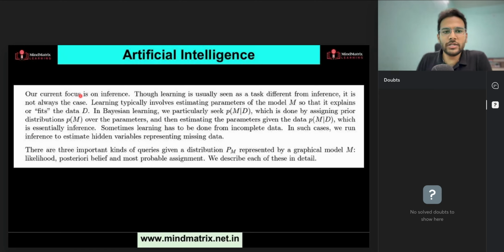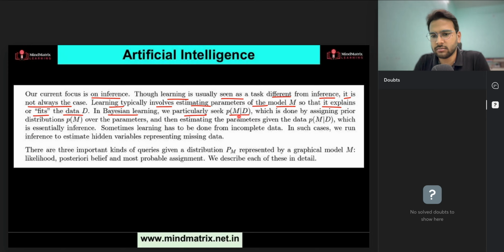Now, our current focus is on inference. Though learning is usually seen as a task different from inference, it is not always the case. Learning typically involves estimating parameters of the model M so that it explains or fits the data D. In Bayesian learning, we particularly seek the probability of M given D, that is, the probability of the model given the data. Oh, I said estimation maximization, right?